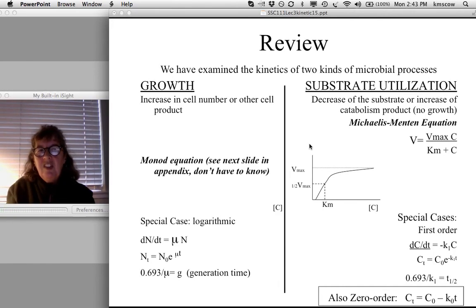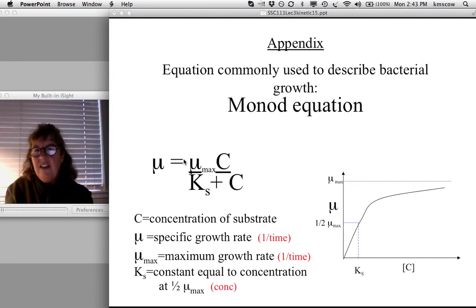So this is just a cheat sheet for remembering the types of kinetics that we're looking at. Remember, there's growth and substrate utilization, and we have the Michaelis-Menten equation that's describing substrate utilization. There's actually a Monod equation here, but this is not required for you to grasp, but it looks a lot like the Michaelis-Menten equation.